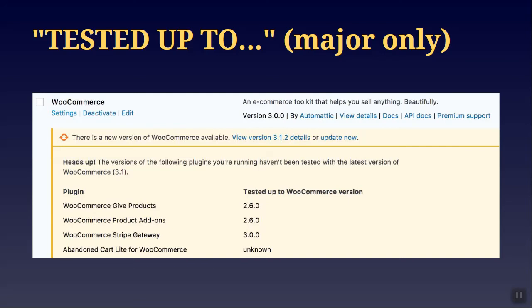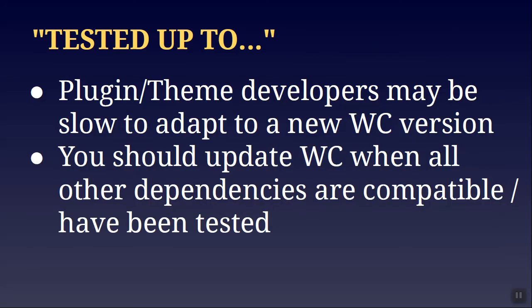So you see how it is important that you should update WooCommerce when all the other dependencies, all the other things that depend on WooCommerce are compatible with that given version and have been tested with that given version and no bugs have been reported. This is because plugin and theme developers may be slow to adapt to a new WooCommerce version.